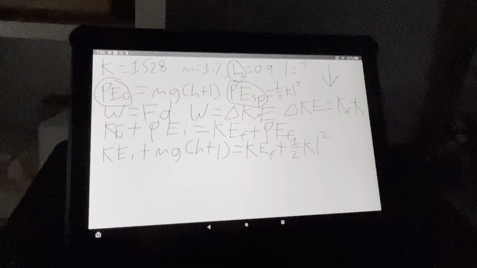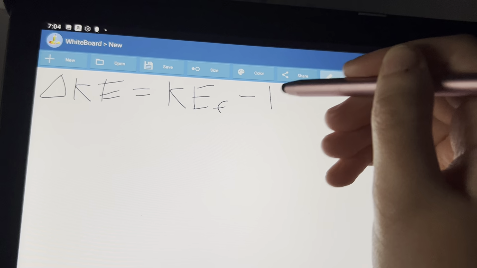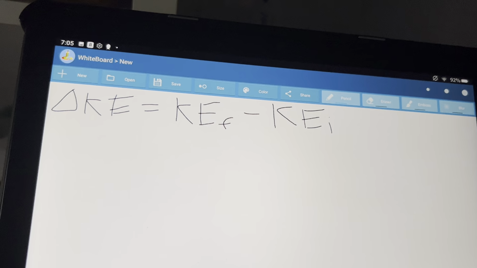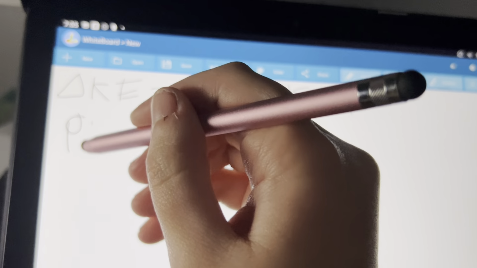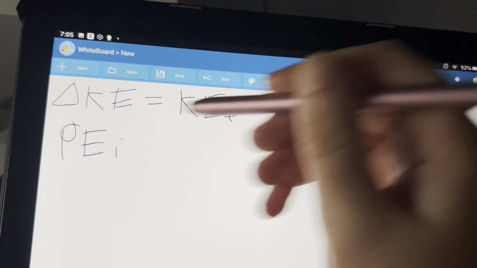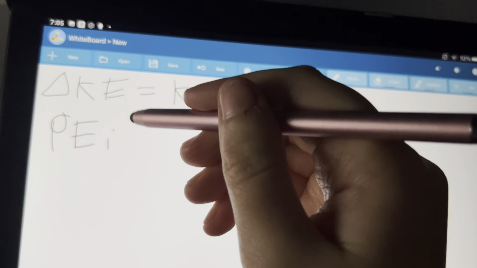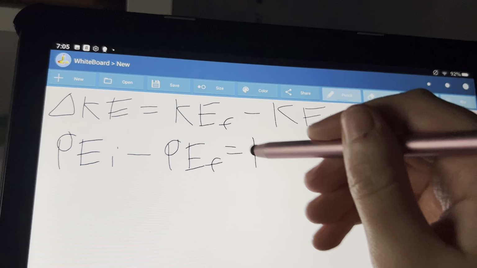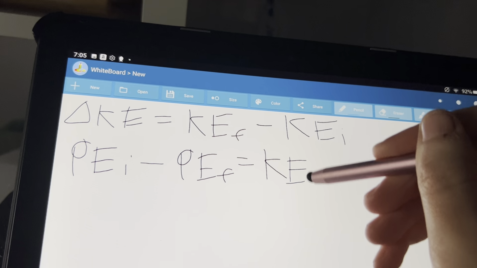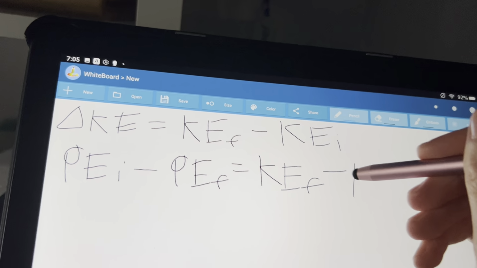Basically, since we know that delta KE is equal to final minus initial, we can rewrite this as the initial potential energy, which of course will be our mg(h plus L), minus our final potential energy is equal to the final kinetic energy minus the initial kinetic energy.